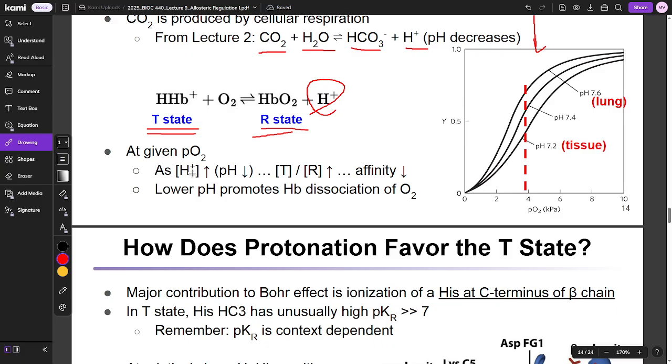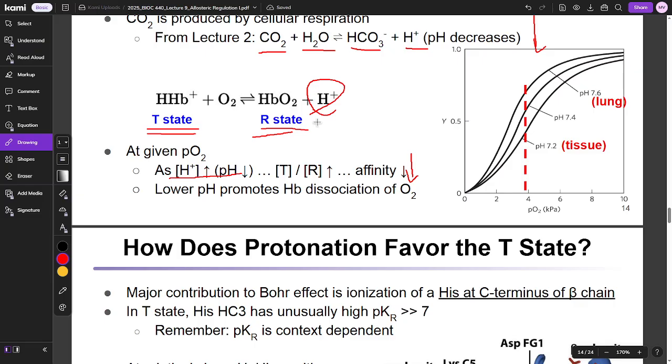So as H plus increases, the pH decreases, but this also means that the ratio of T to R state increases. So there's more T state than R state, and affinity decreases. This is because this H plus basically, I don't want to say inhibits because it's not an enzyme. It basically competes with O2, but it's not a competitive inhibitor or anything like that.